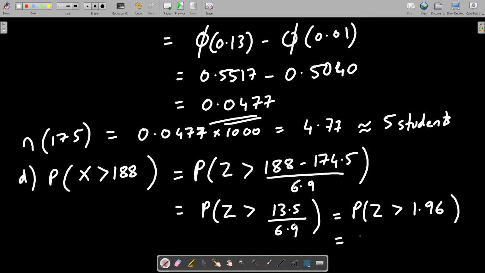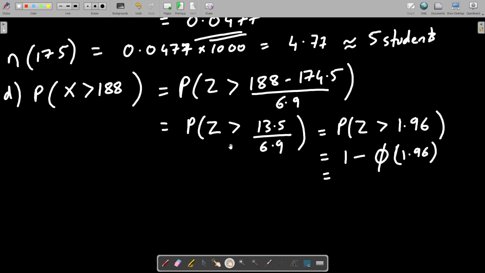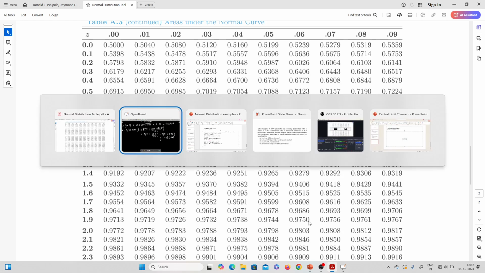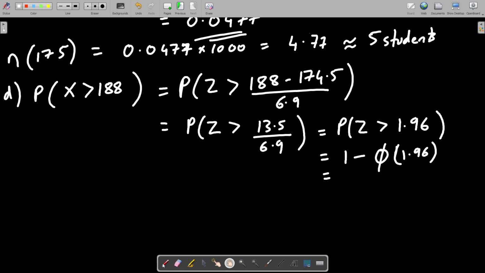Okay, so this is going to be 1 minus phi of 1.96. Okay, so from the table over there, 1.9 is here, 1.96 is here, 0.9750. So 1 minus 0.975.